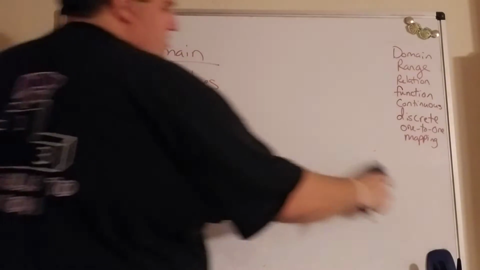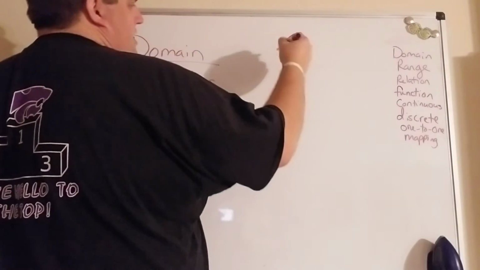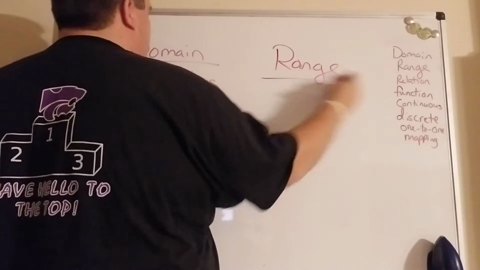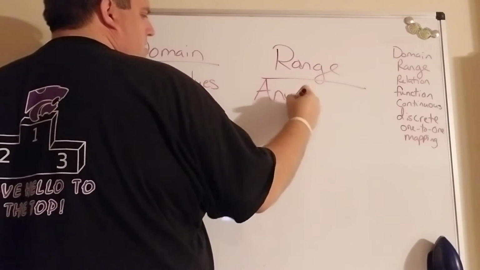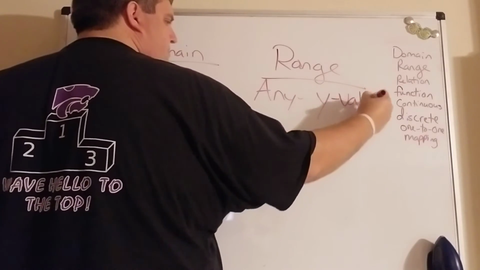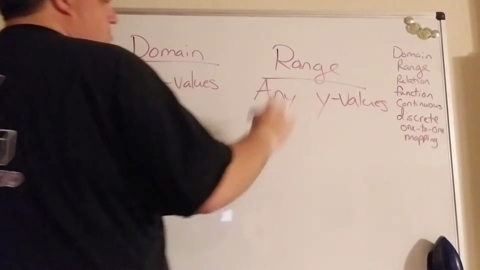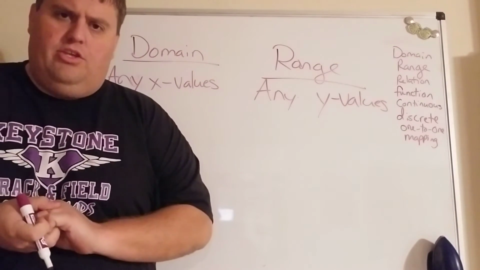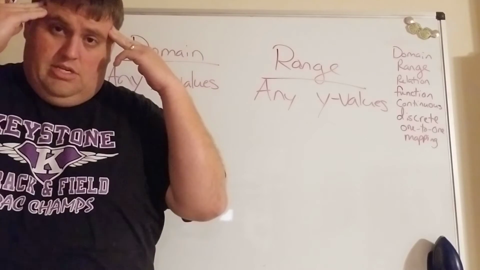Now, the range is the y values. And same idea. Any possible y values. So those are words that are not going to go away. You want to have those in your brain.